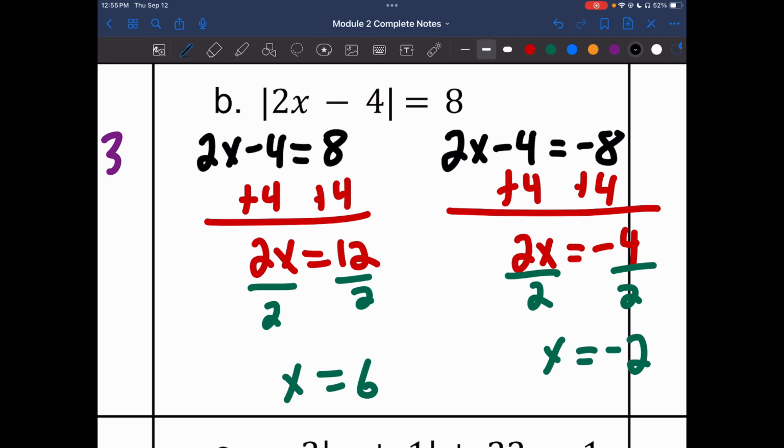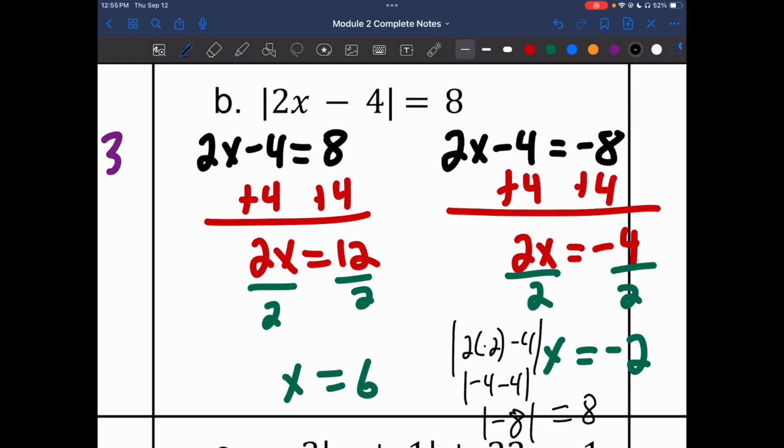Now, if we were to go back and do a little bit of work to check our answer, 2 times negative 2 minus 4. 2 times negative 2 is negative 4, and negative 4 minus 4 is going to give you negative 8. And when you take the absolute value of that, you get a positive 8.